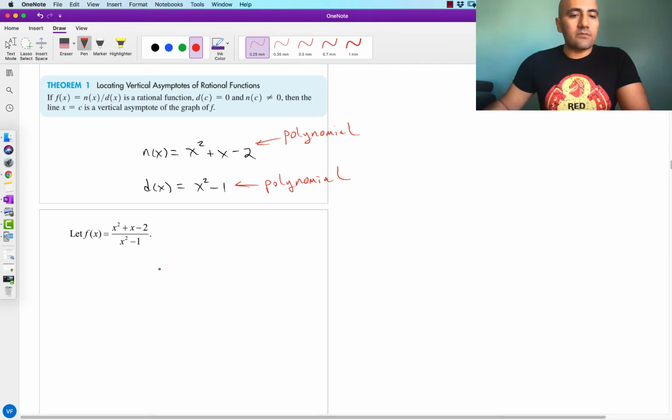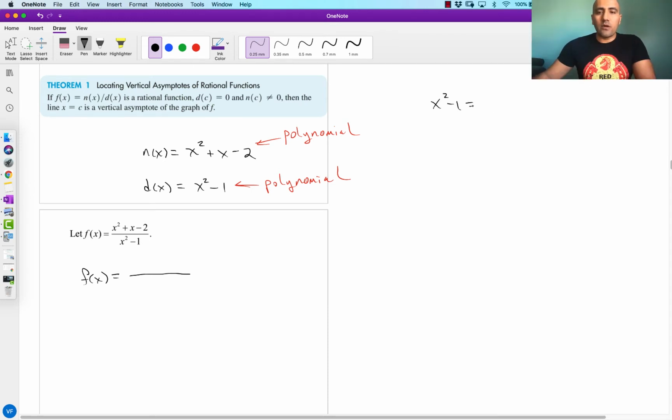A vertical asymptote will occur whenever the denominator is equal to 0 and at the same time the numerator does not equal 0. So the first thing we want to do is figure out when the denominator equals 0. To do that, we're going to factor this. So if we factor it, we see that f of x equals, well, the denominator is a difference of squares. x squared minus 1 is just x plus 1 times x minus 1.